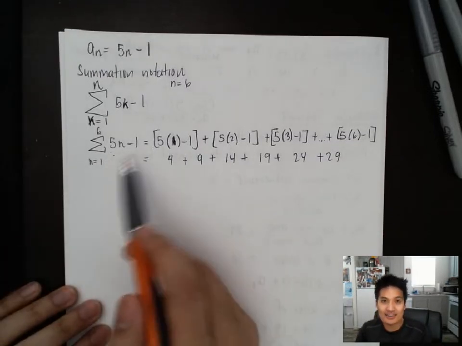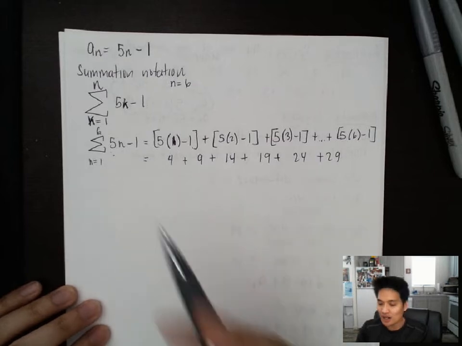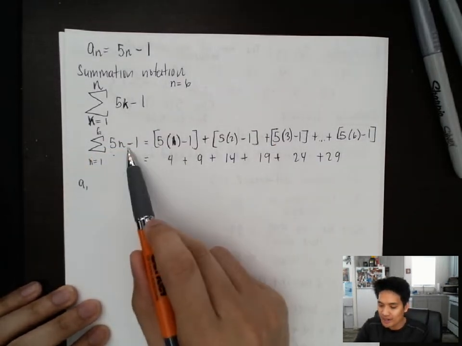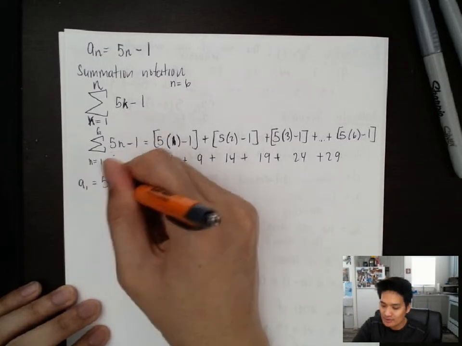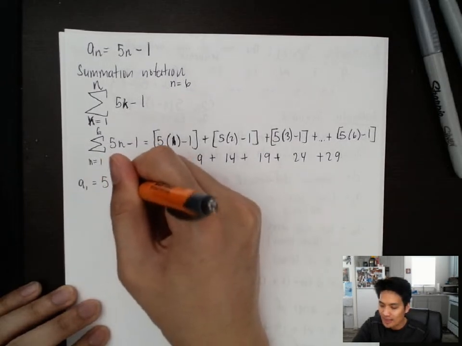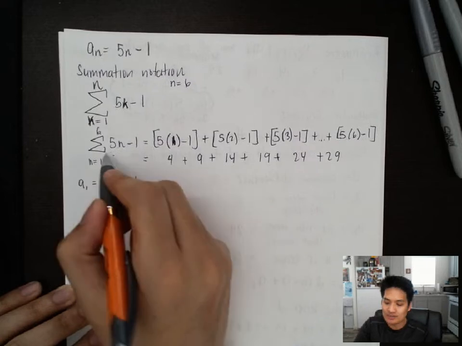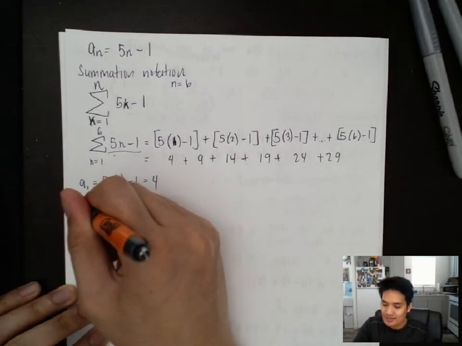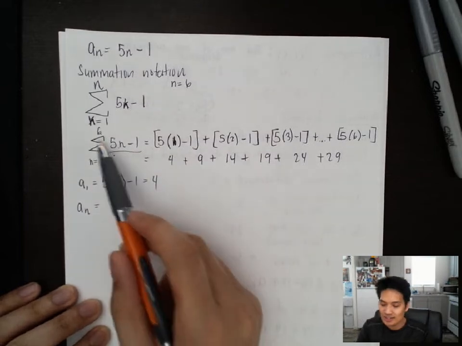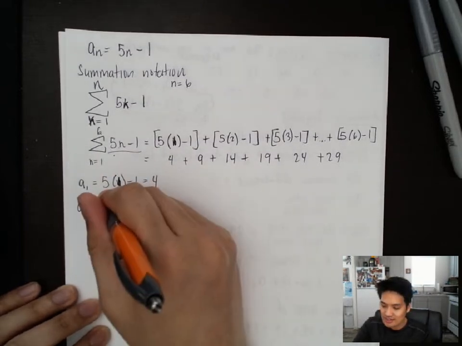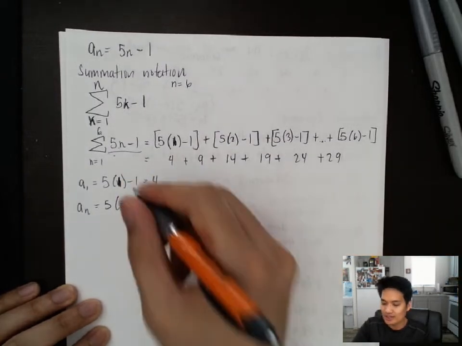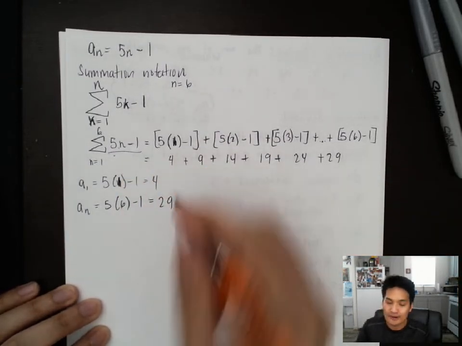So when we see this, essentially all we need to do is figure out a sub 1 by plugging in 1 into our equation of our summation, which is 4. A sub n, which is essentially this last term, which is 6, minus 1, which gave us 29. Right.